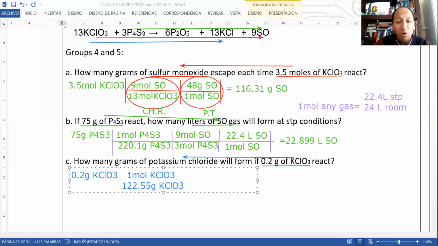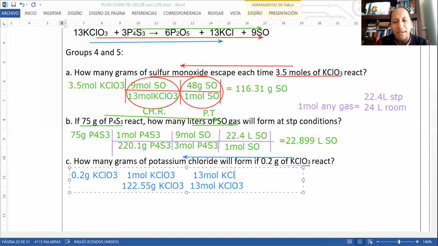Now let's pass the moles to what we were looking for. My proportion says that 13 moles of KClO3 are related to 13 moles of KCl. See, the ratio is 13 to 13, and then you continue working because the question was how many grams.